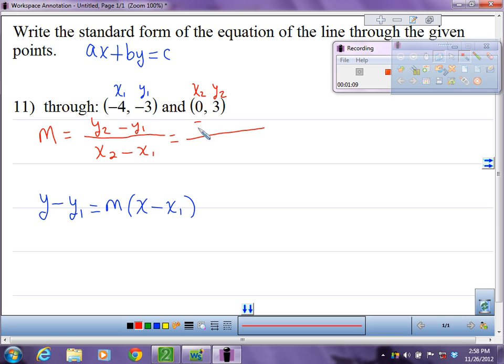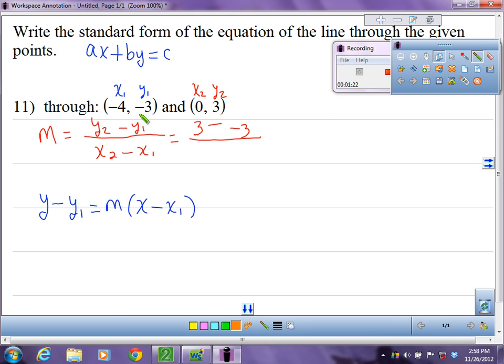So right here you got 3 minus, and then this y1 happens to be negative 3. See that? So I'm actually substituting this guy right here. And I'm also substituting this guy right here. So what about that minus? Well, that minus is part of the formula.